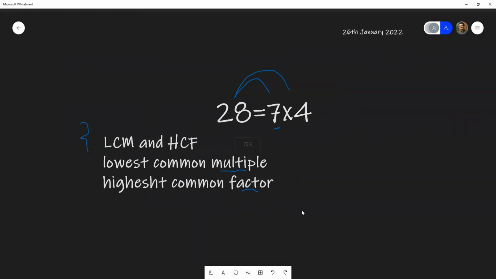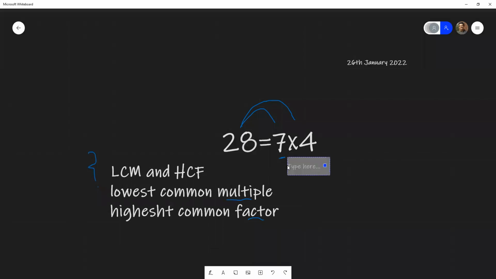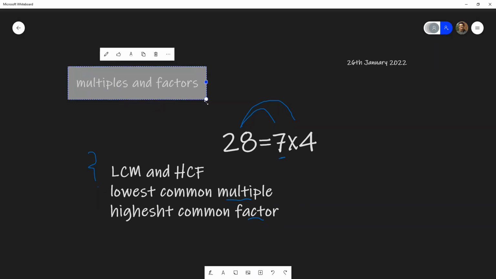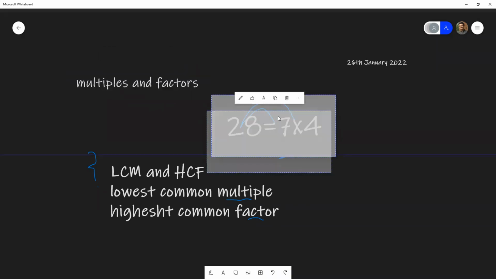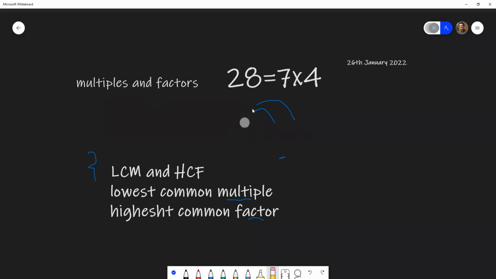Yes, sir. Okay, so about this topic, two things come up that we learned before in the number system: two terms, multiples and factors. Can you identify the multiple and factors from here? Someone tell me, in 28 equals 7 times 4, what is the multiple here and what are the factors?